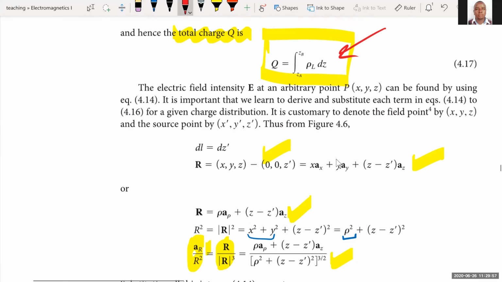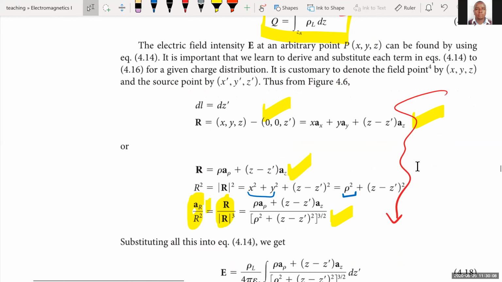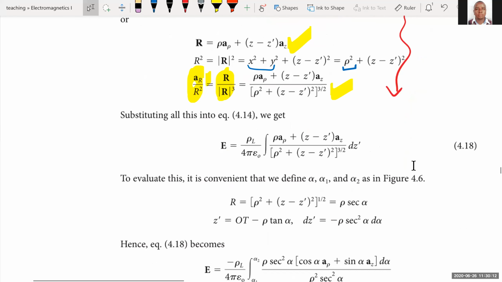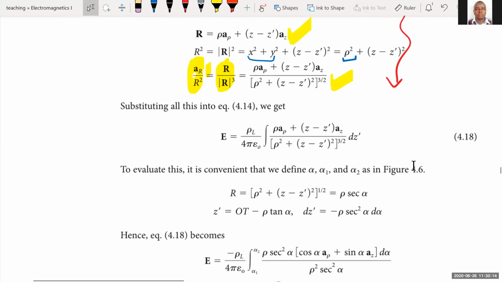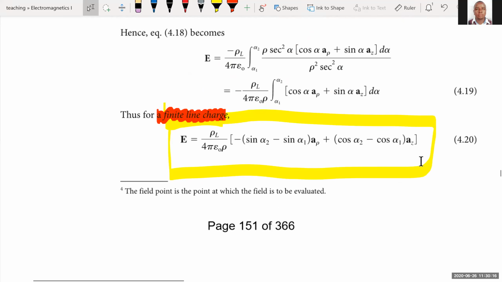And you will get this expression. There are some mathematical undertakings that you can do here, but by virtue of the time we have, I will not delve much. It is very clear how each of these steps is done, and where we are heading is equation 4.20.